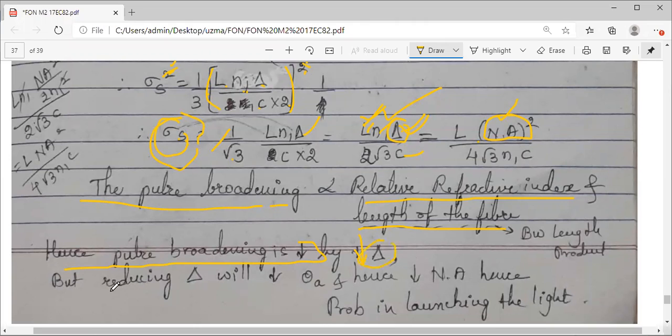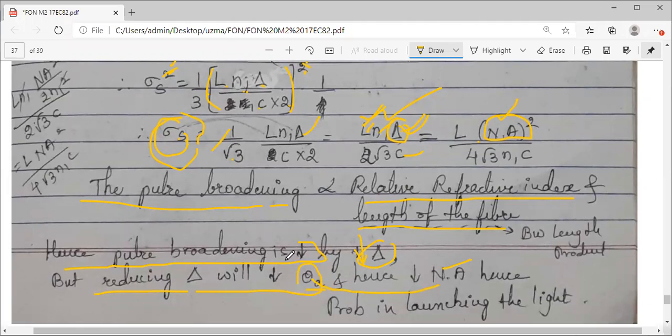If you reduce delta, the acceptance angle will reduce. You know the ray launching, the angle at which you launch through the optical source, you will get a very small angle. The range will be reduced because the acceptance angle is reduced. Acceptance angle is related to numerical aperture directly, so numerical aperture will reduce. Hence if you increase one or decrease one, the other quantity will be affected one way or the other, right?